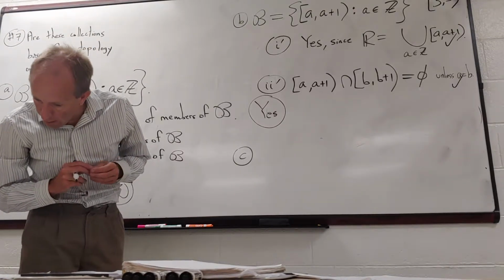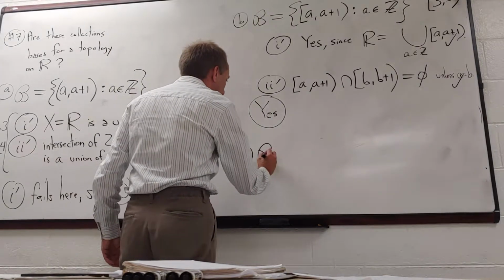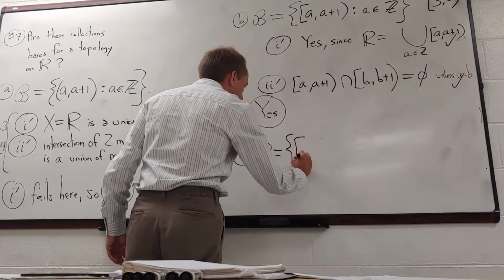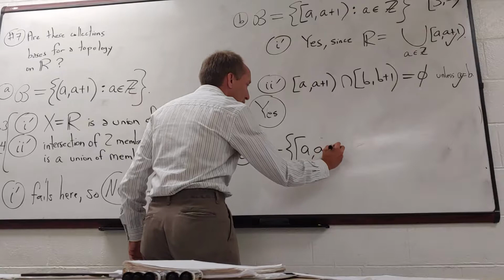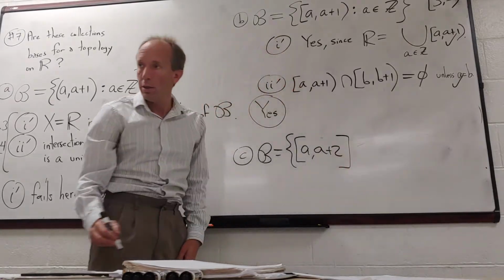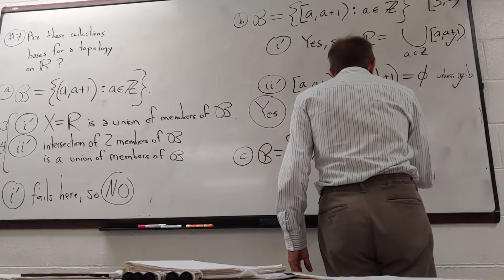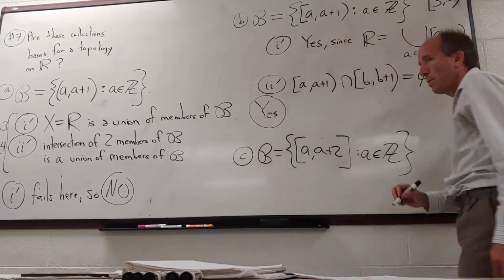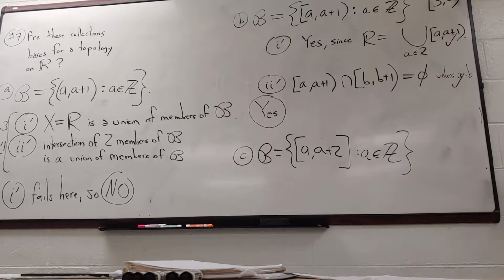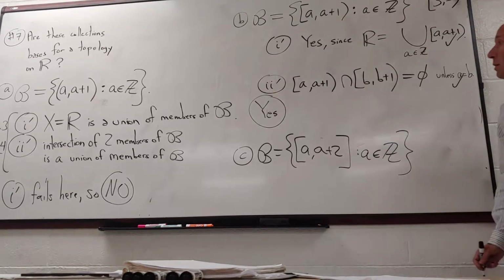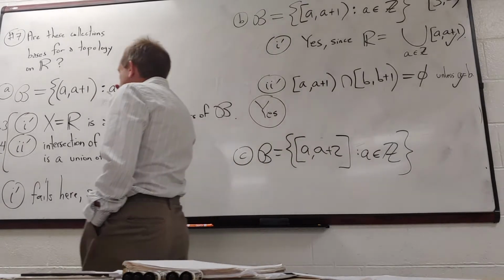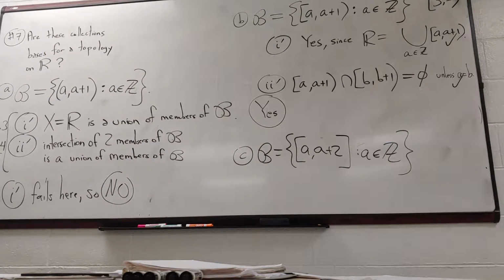The third one I want to do is this one. Script B is the set of the closed interval from A to A plus 2, where A is an integer. So we have our proposition 4.